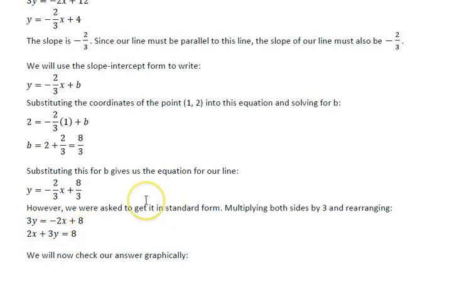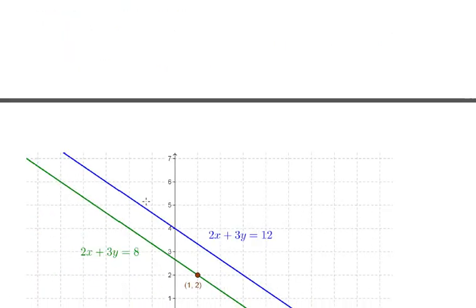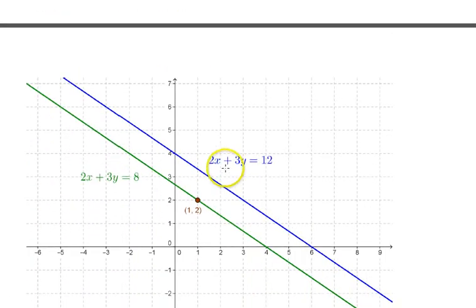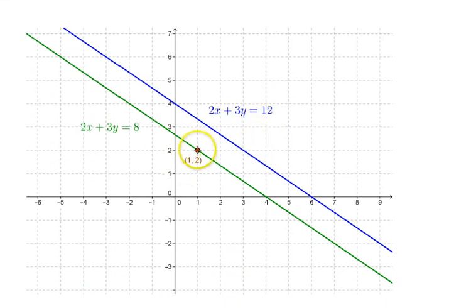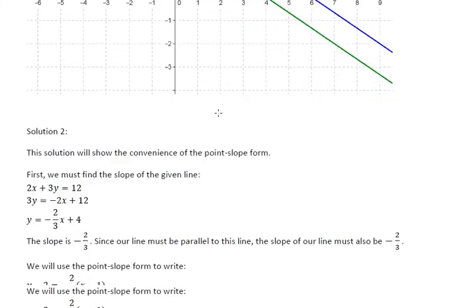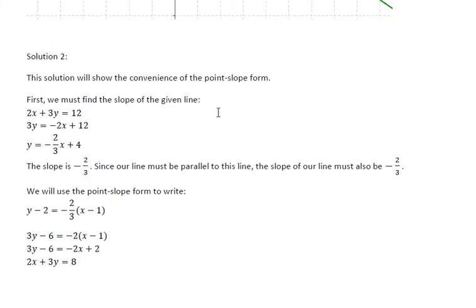Let's check this graphically. The original line, 2x plus 3y equals 12. The given point, and here's our answer. It goes through the point and is parallel to the original line. Looking at the second solution, using the convenience form, the point-slope form, again we have to find the slope of the given line.